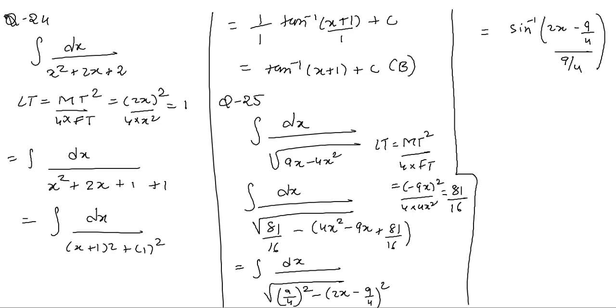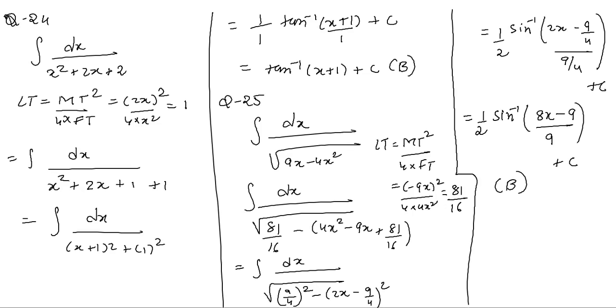But as the coefficient of x is 2, I will divide it by 2. So answer is 1 by 2 sine inverse 8x minus 9. I am taking LCM, and that will get cancelled with denominator of 9 by 2. So your final answer is 1 by 2 sine inverse 8x minus 9 by 9 plus c, which is your B option.